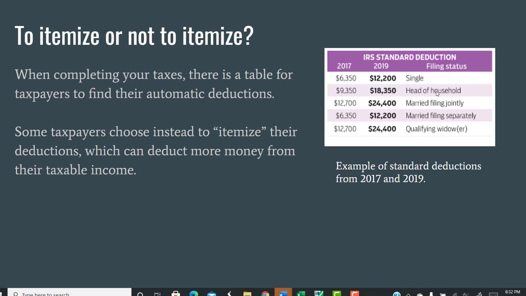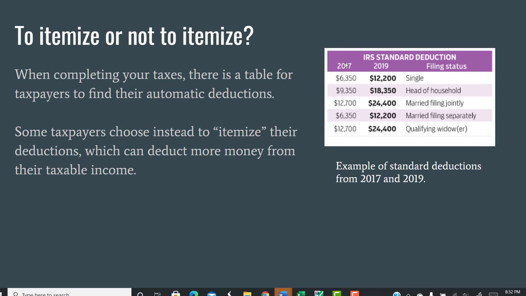This was just one I pulled offline, but this was to emphasize comparisons between 2017 and 2019, because every year the deductions change, the tables change somewhat, especially when you have different leadership in legislation.